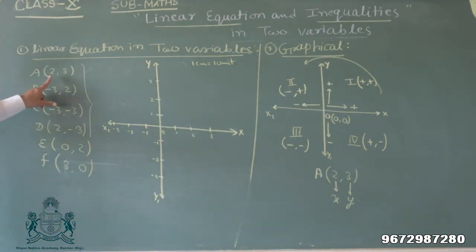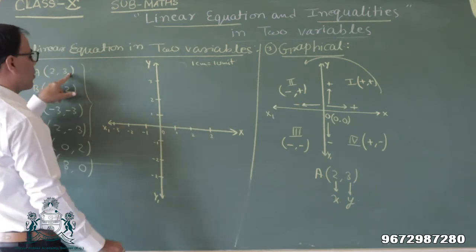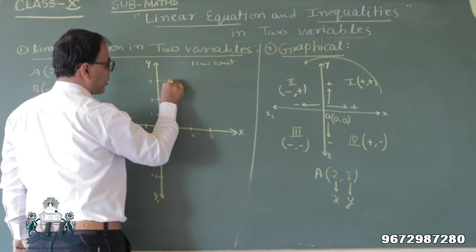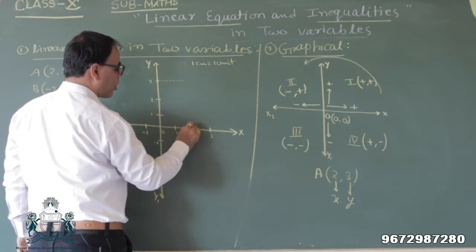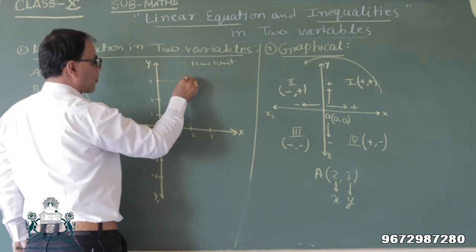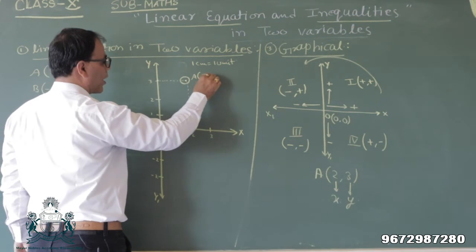First, A point: x equal to 2, y equal to 3. X equal to 2 on this number, y equal to 3 on this number. Join the point x equal to 2 and y equal to 3. Mark a dot and circle it: A point 2 and 3.